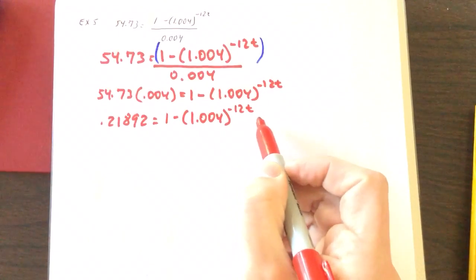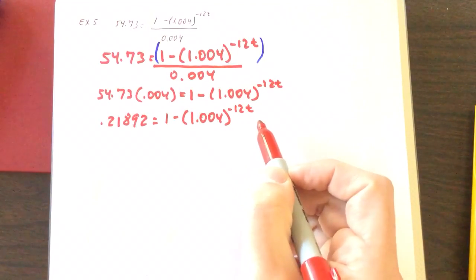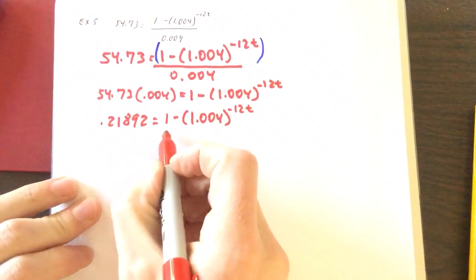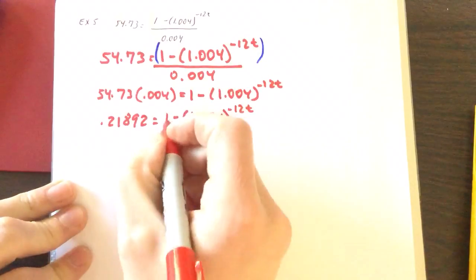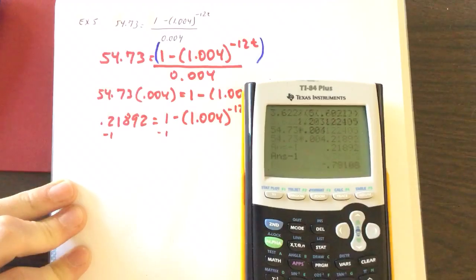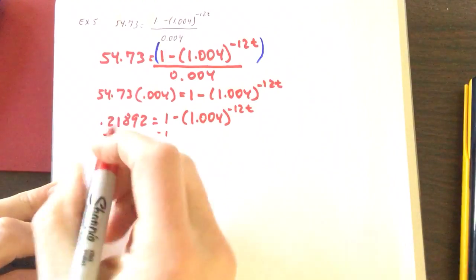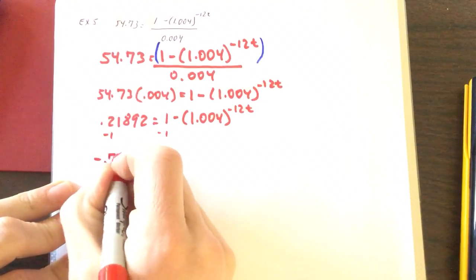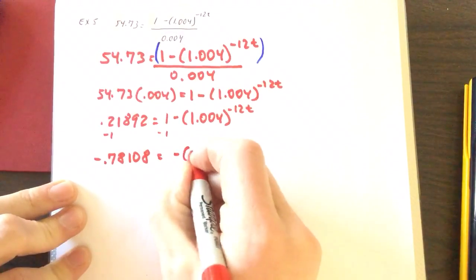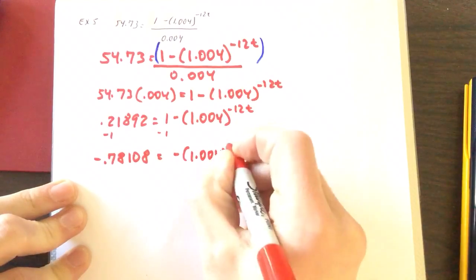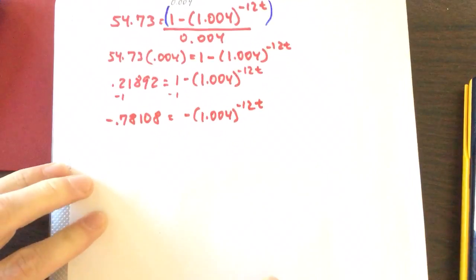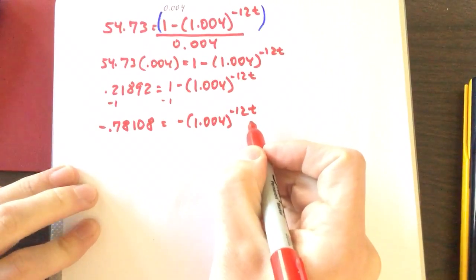I've got that variable in the exponent. Variable in the exponent, it's going to be a log. Well, working from the outside in, there's that 1. Subtract 1. So at this point, all right, variable up in the exponent.